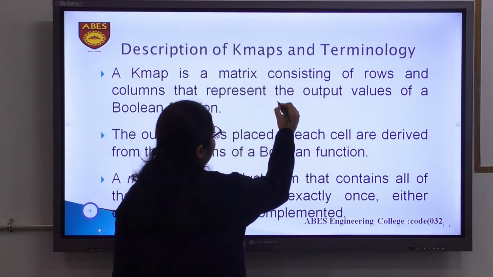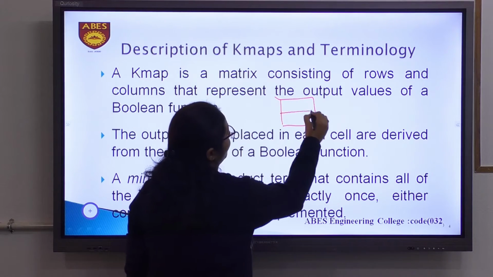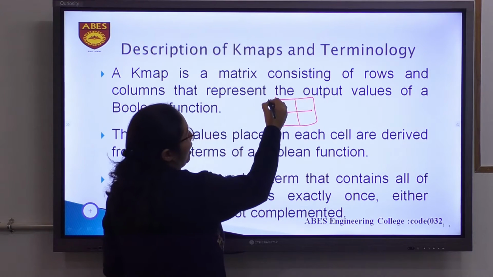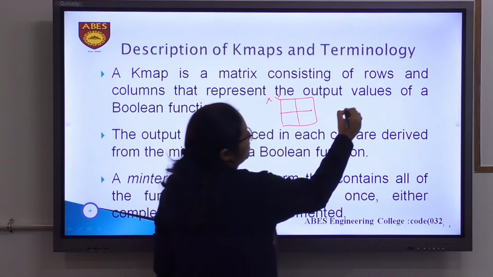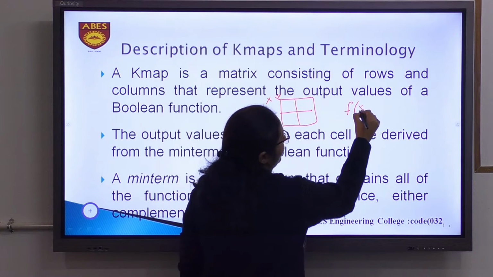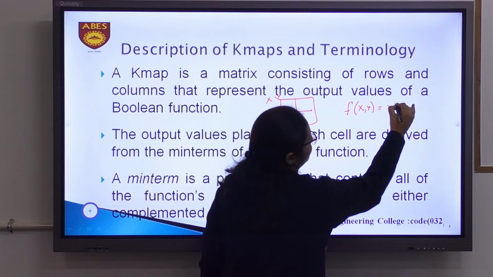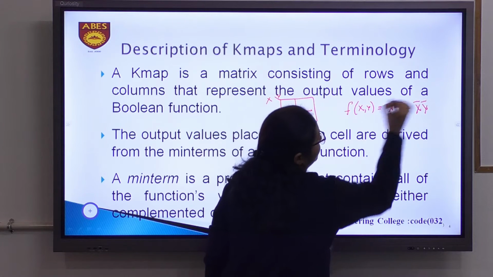Here I can represent a K-map in the form of a matrix. Suppose I have a function having two variables x, y, and the expression for this function is like this.